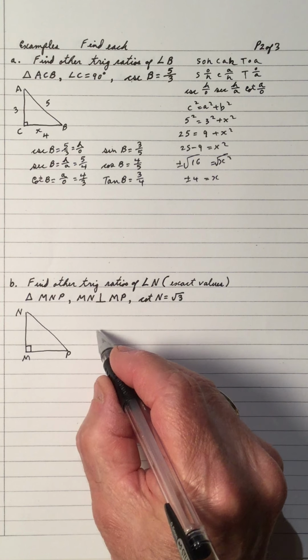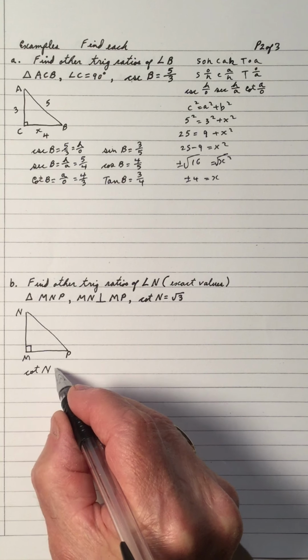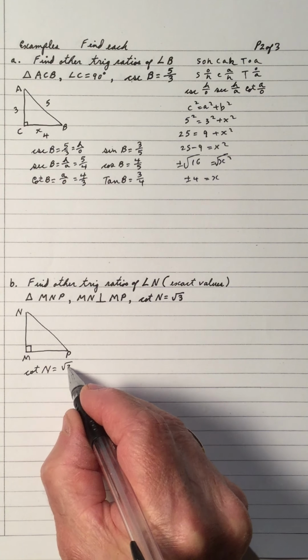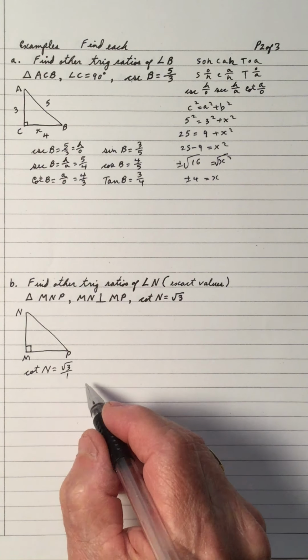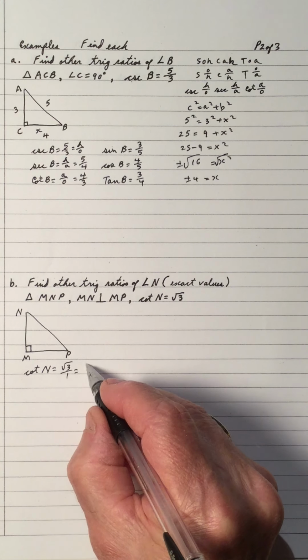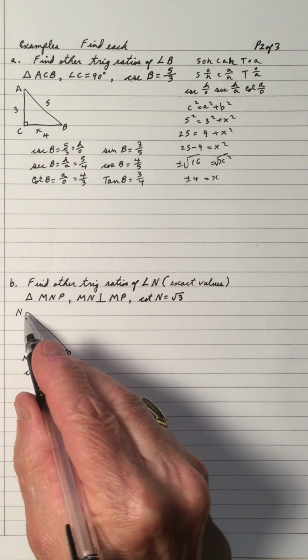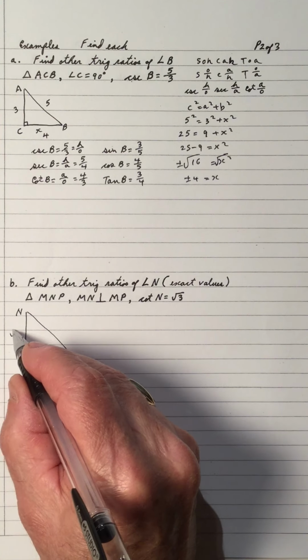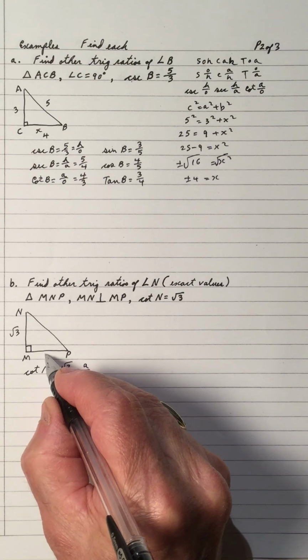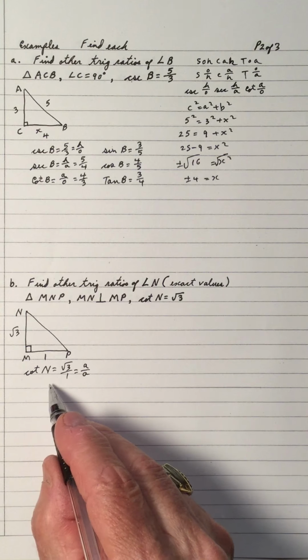What we have is cot of angle N is root 3, and that's understood to be root 3 over 1. Look up here, cot is adjacent over opposite. In terms of angle N, adjacent is root 3 and opposite is 1.